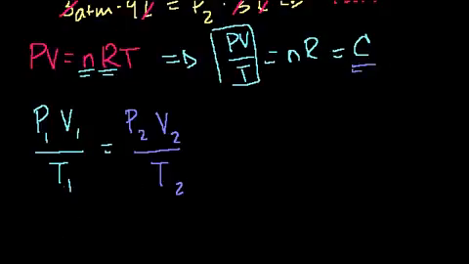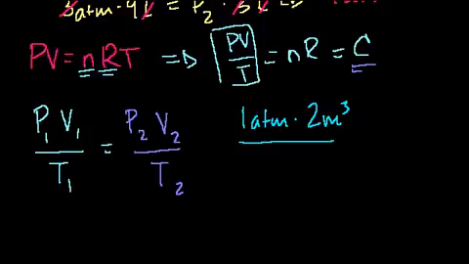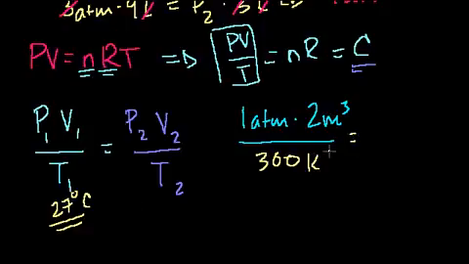For example, let's say I start off with a pressure of 1 atmosphere and a volume of 2 meters cubed, and let's say our temperature is 27 degrees Celsius. I wrote Celsius because I want you to always remember you have to convert to Kelvin. So 27 plus 273 gets us exactly to 300 Kelvin.